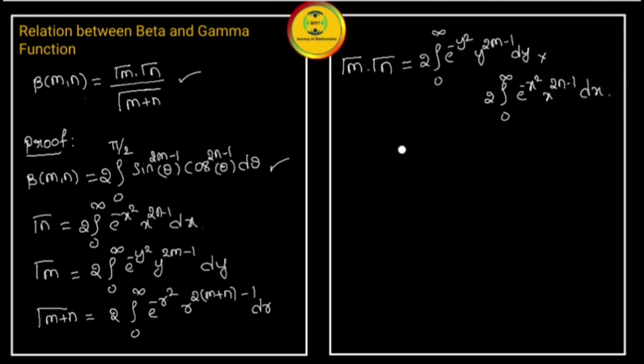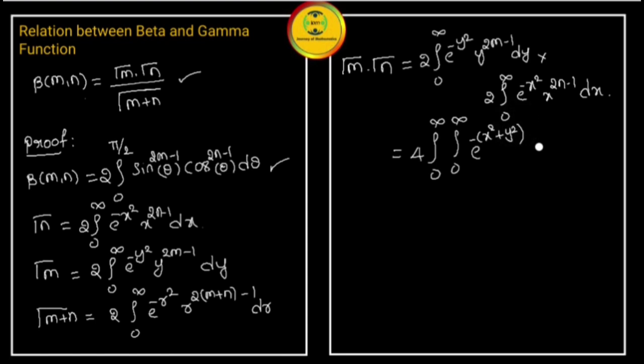If I multiply these two integrals, I can rewrite it as a double integral. That means 2 into 2, we get 4 integral 0 to infinity. e power minus y square into e power minus x square can also be written, since bases are same, powers will be added: e power minus of x square plus y square.